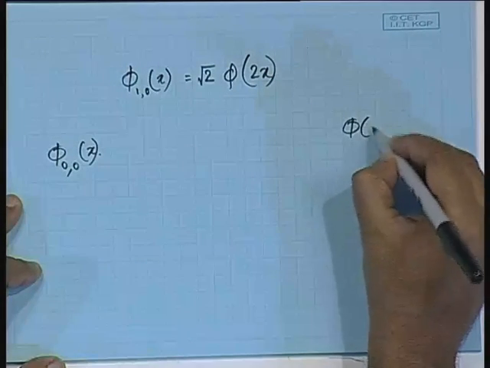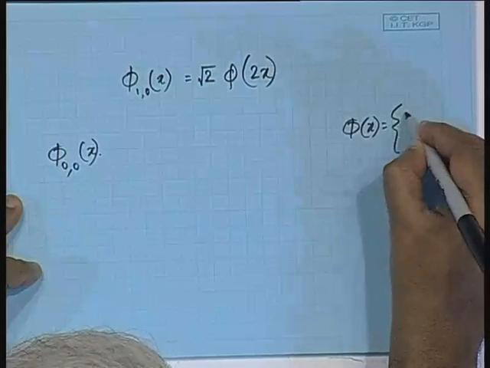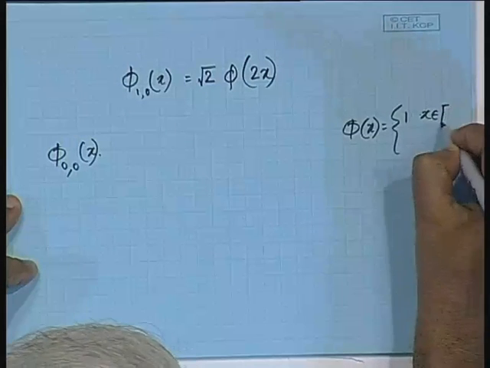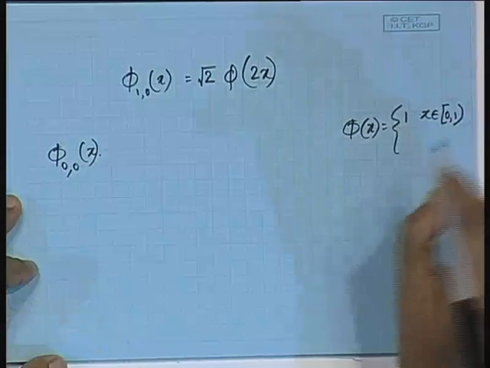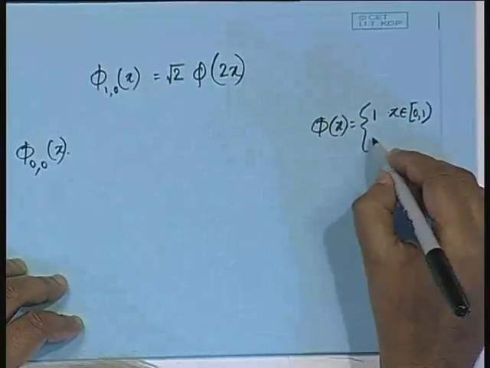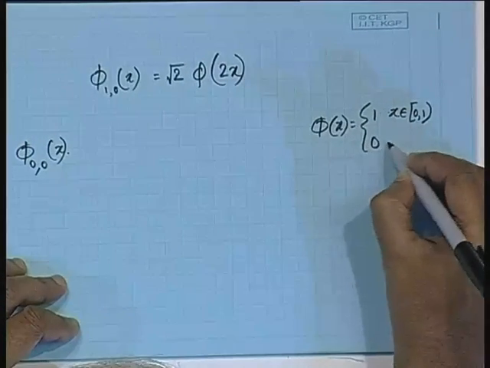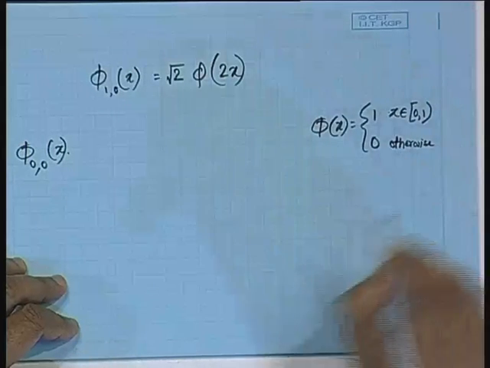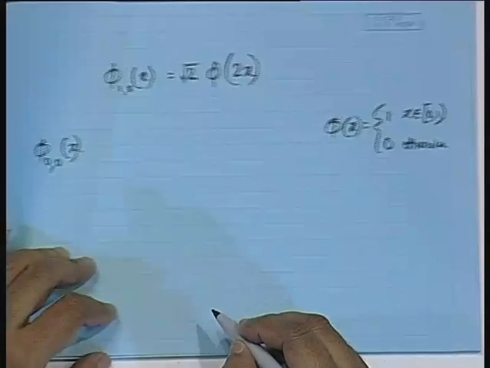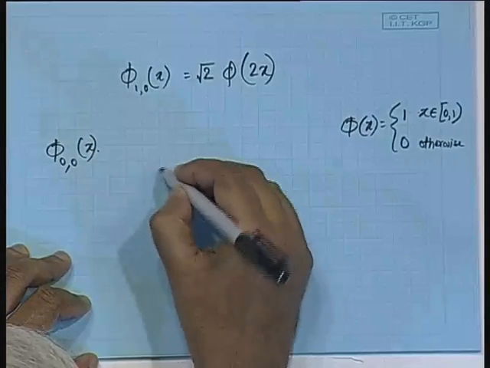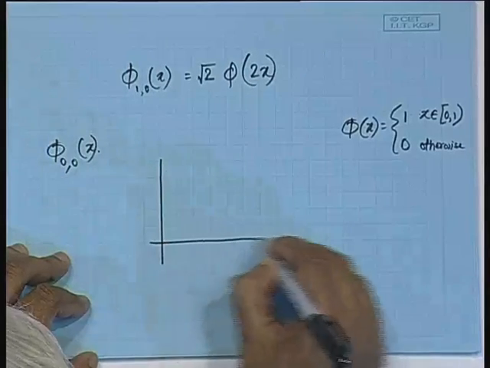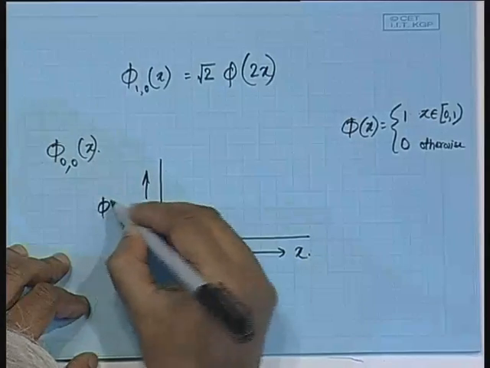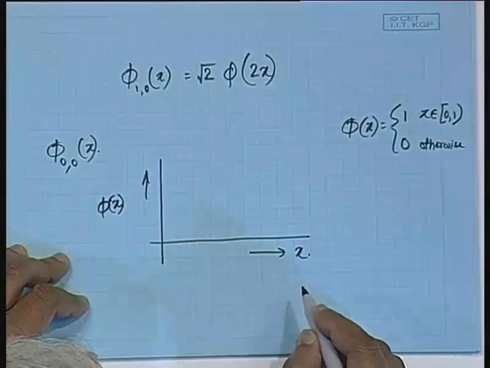Say phi x I define as 1 for x lying between 0 and 1, and it is equal to 0 otherwise, which means that the plot of the function would be like this: on this axis I draw x and on this axis I draw phi of x.